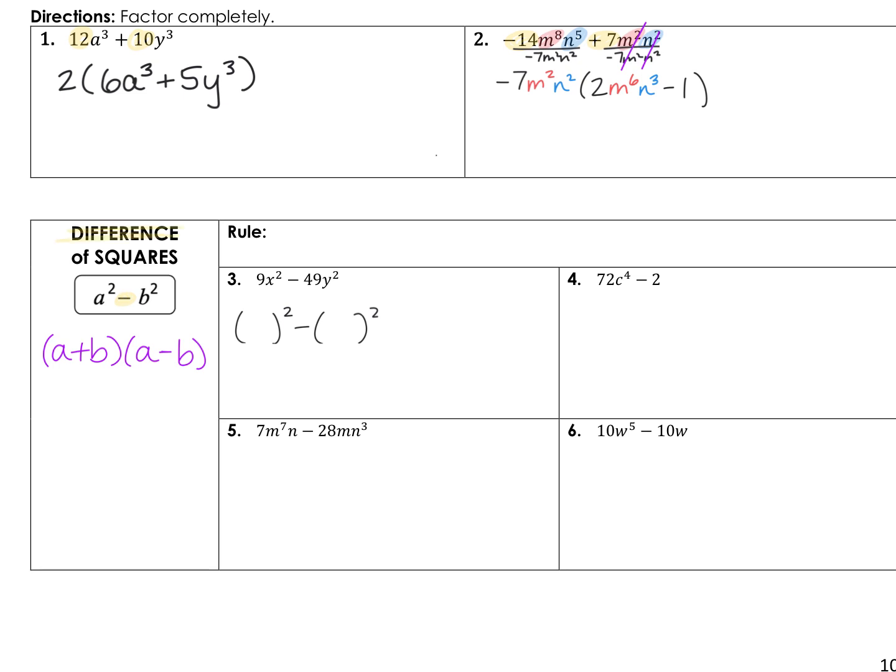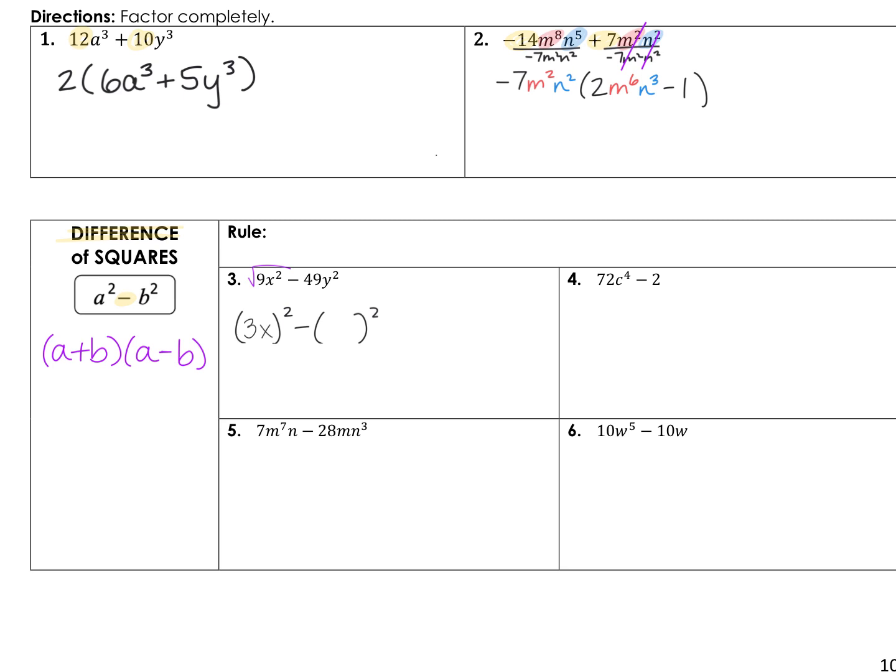Okay, so 9x squared, remember you can imagine taking the square root of that, but you're trying to figure out what would be squared, and the answer is 3x. 3 squared is 9, and x squared is x squared.